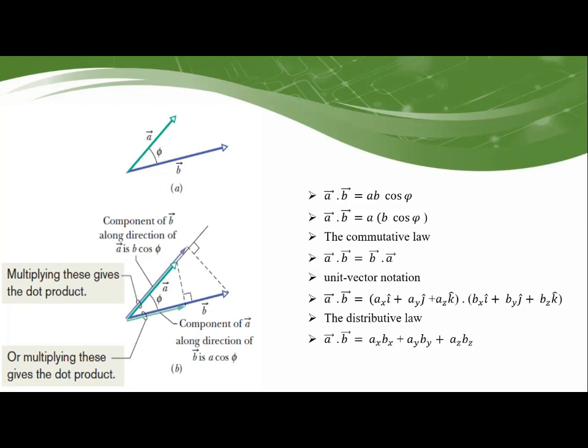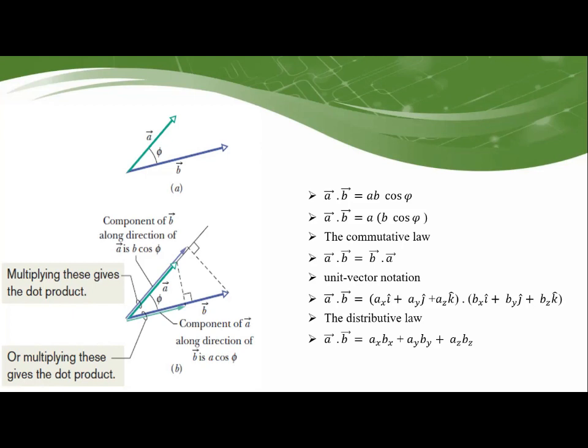Thus, A dot B on the left side represents a scalar quantity. Because of the notation, A dot B is also known as the dot product and is spoken as A dot B.